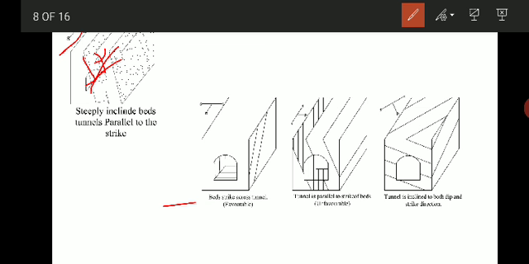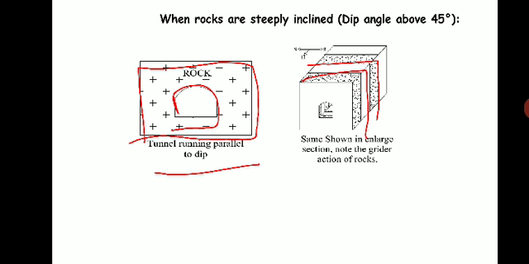So this side is weaker, okay, and the pressure from the left side is high, right? You can see here the pressure distribution is again uneven. So these are unfavorable, whereas this is the next situation wherein it is almost vertical, 90 degree. This is a safe situation for construction of the tunnel.